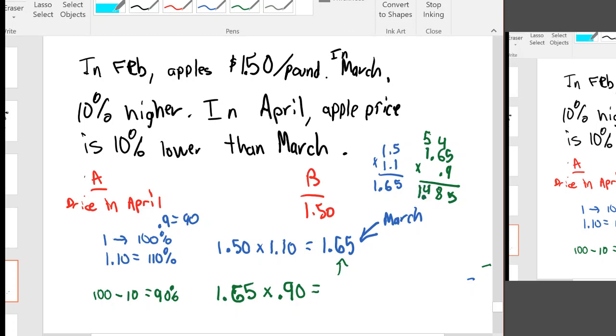I move the decimal over 3. Now I have 1.485. Now normally you would round, but in this case I want to be as exact as possible. This is $1.48, but it's also $1.485, which I know is less than $1.50. So $1.485 is the price in April.